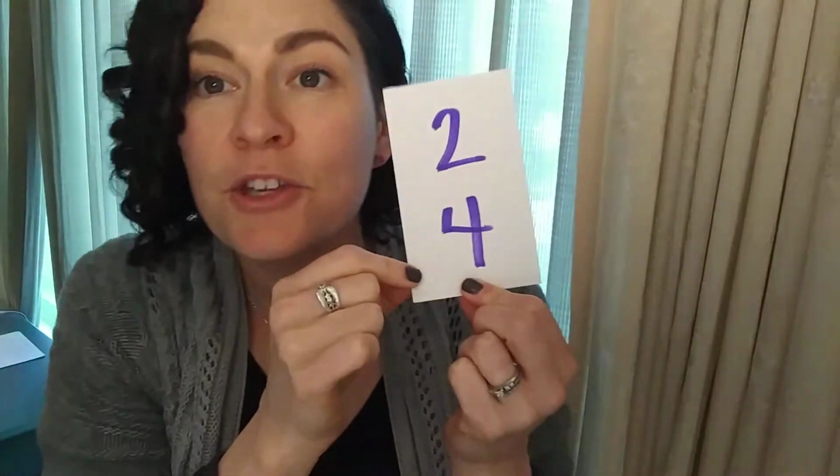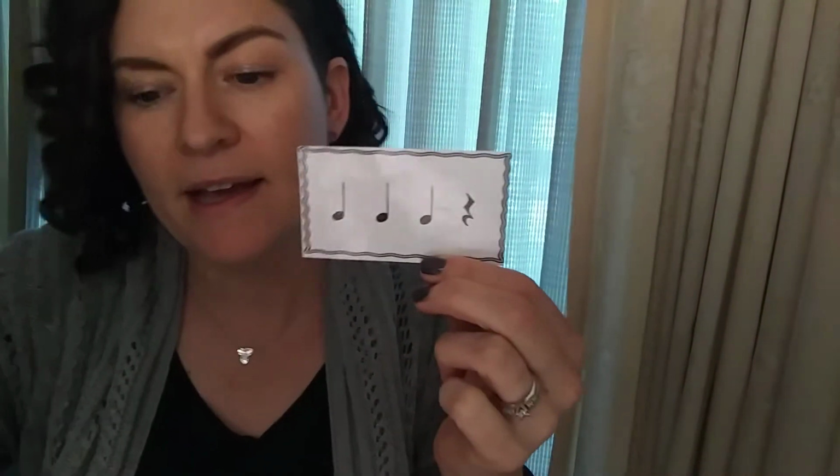Okay, so let's say I gave you a project. Let's say you need to draw bar lines, measure lines between measures, but you're going to have more than 2 beats in a measure. So we're going to start with something pretty easy, okay? So let's say you have to figure out where is 1 measure in 2-4 time.